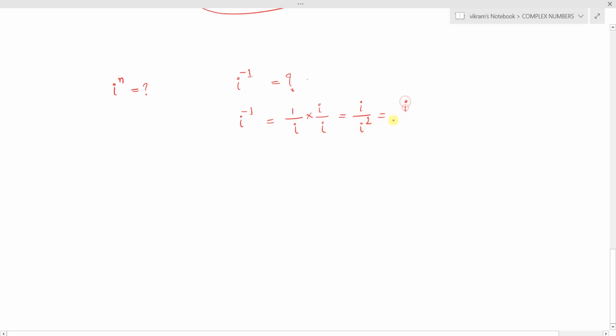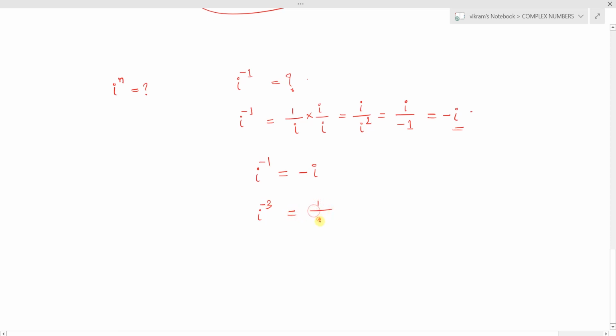The i square value we know is minus 1, which equals minus i. So now we can write i power minus 1 equals minus i. Simply by writing i power minus 1 as 1 by i and rationalizing, you will get the required result.